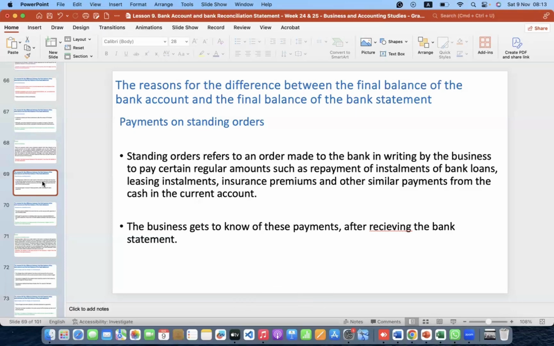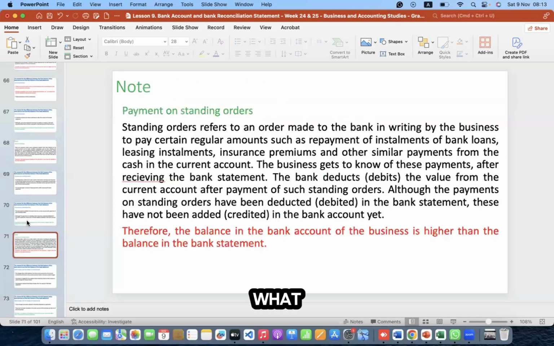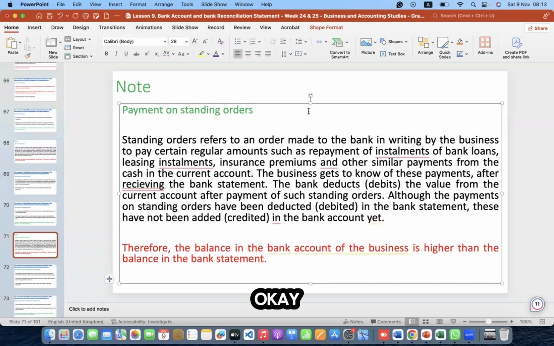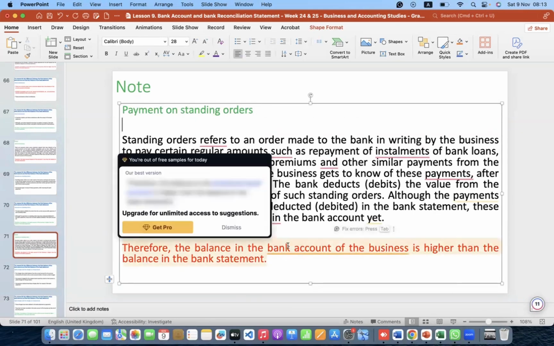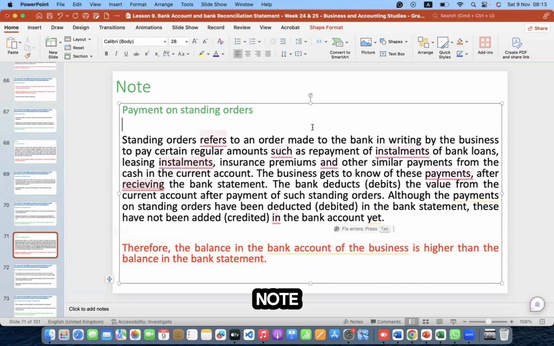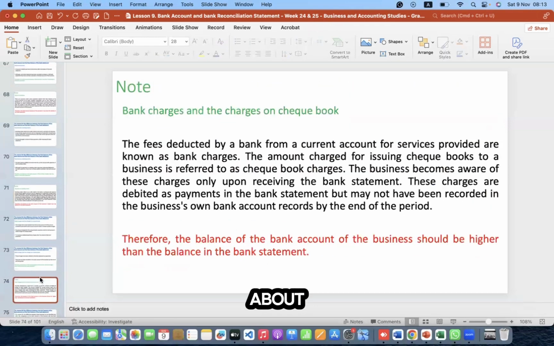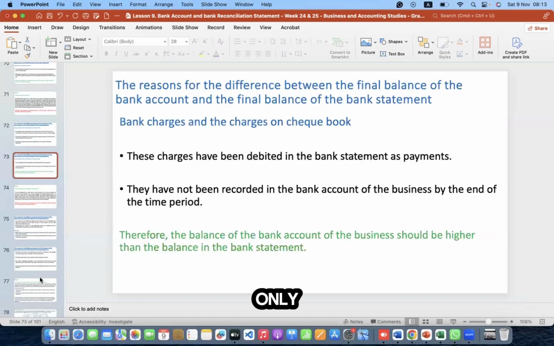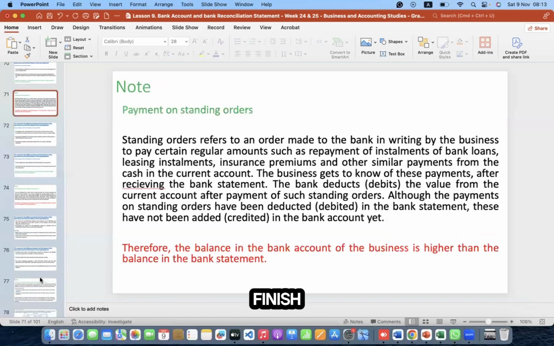Yes, sir. Okay. Since we are running out of time, you can refer to this note later and complete this note on payment on standing orders. We have only one small point left, and we will finish it.